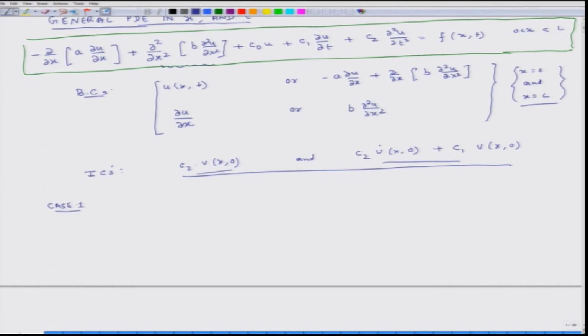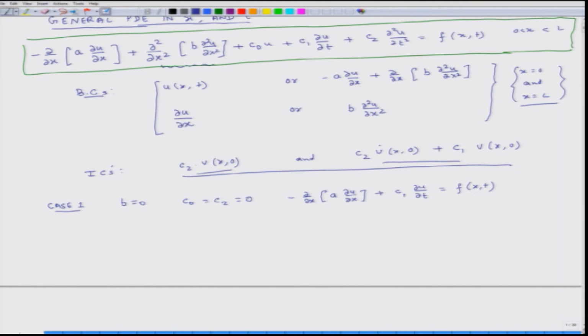Case 1, if b is 0 and C0 is equal to C2 is 0, then my partial differential equation becomes minus del over del x of a del u over del x plus C1 del u over del t is equal to f of x and t.